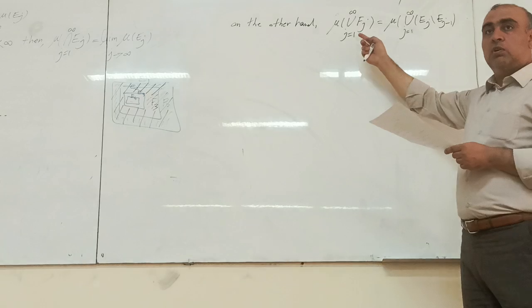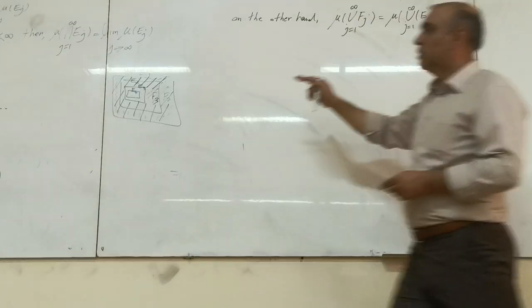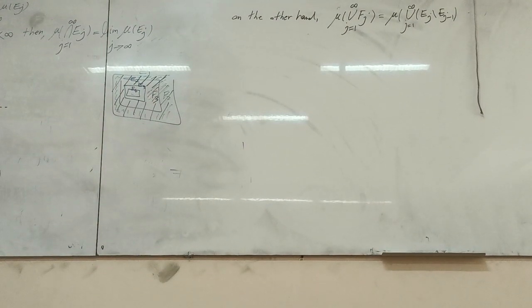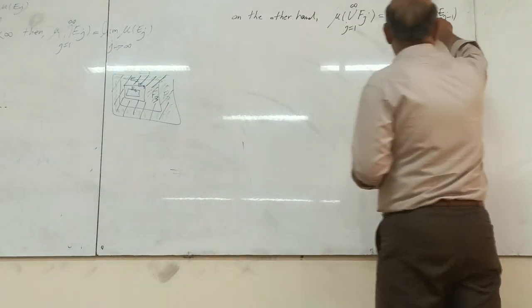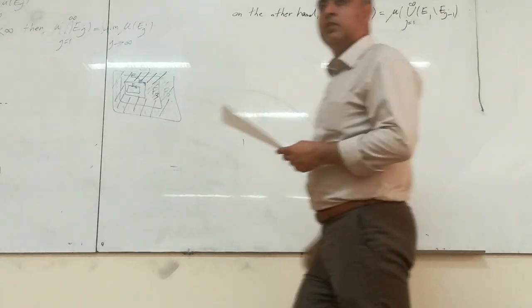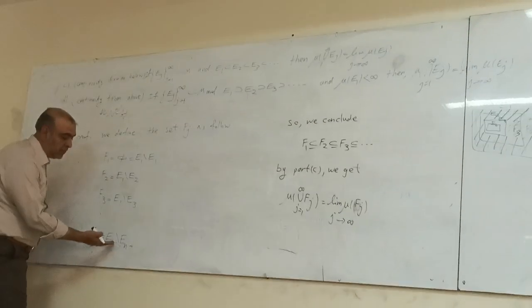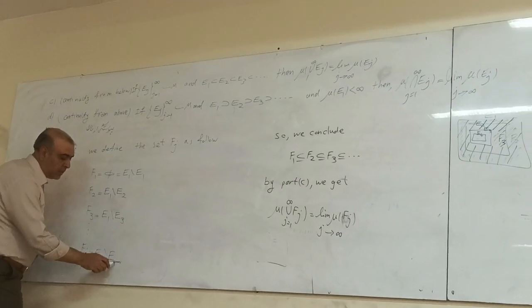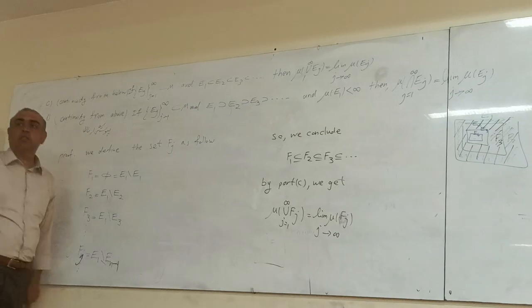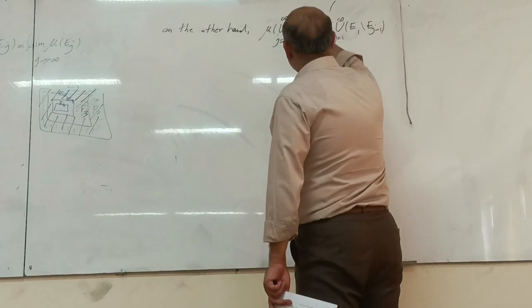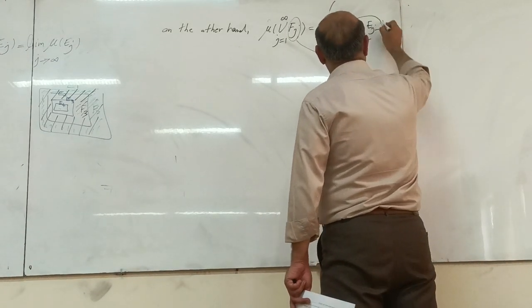Fj is equal to Ej difference Ej minus 1. See here. E1, okay? Fj is equal to Ej difference Ej minus 1. We substitute it here. Fj is equal to this set.